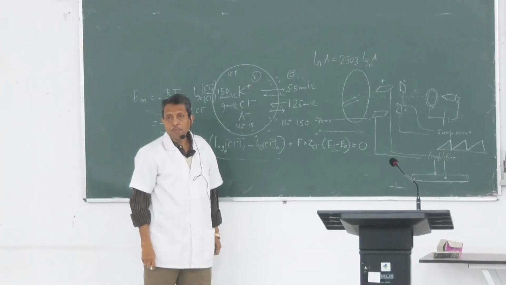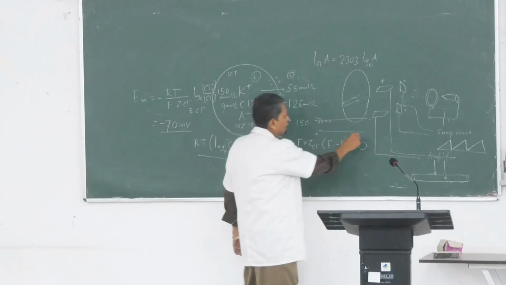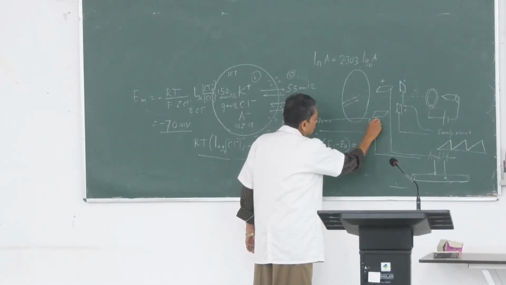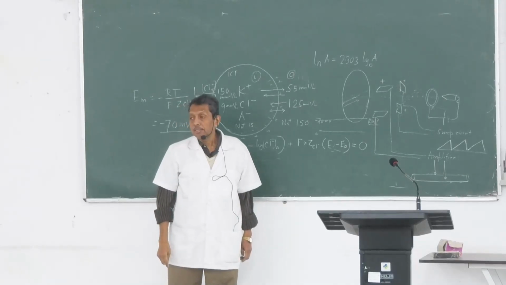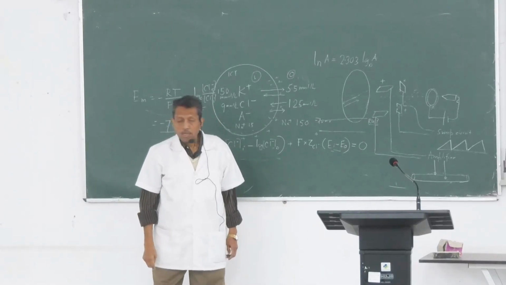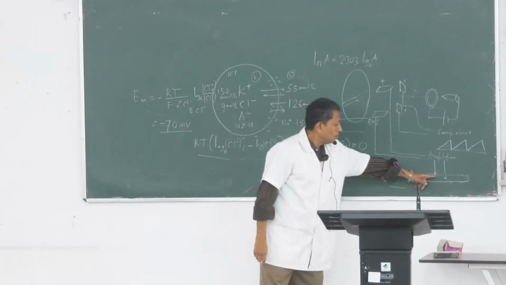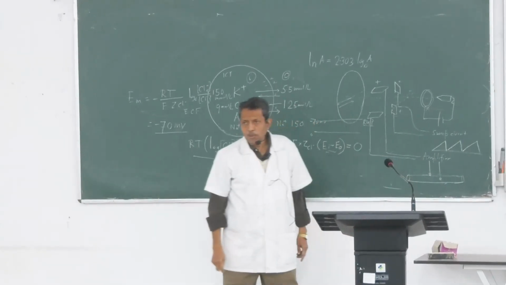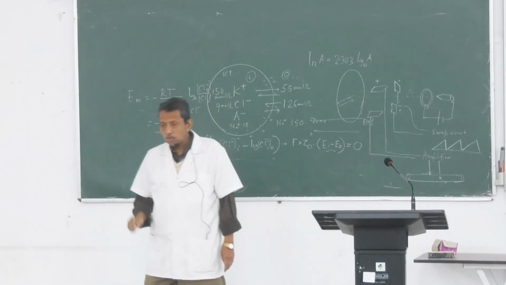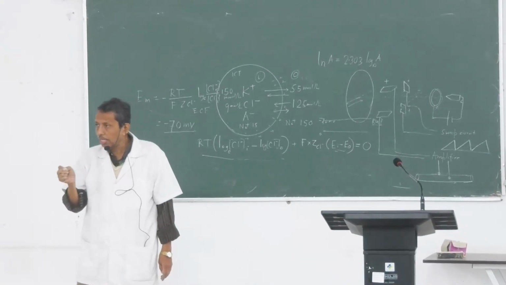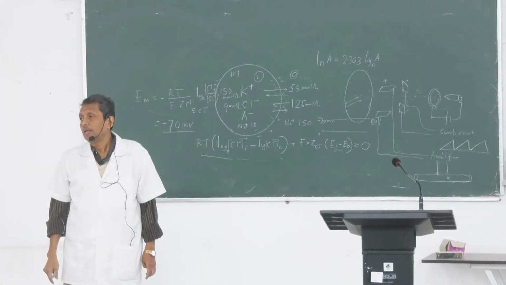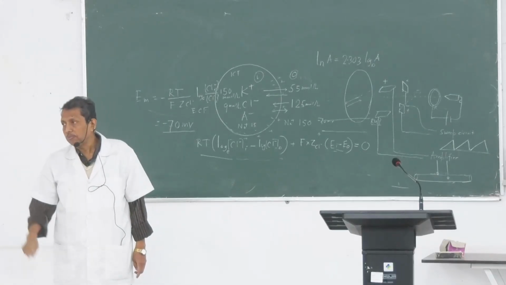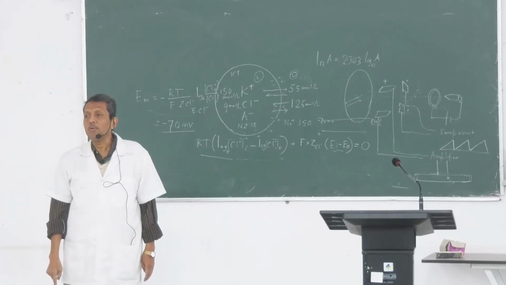So it is the resting membrane potential. There is no fluctuation. When both are outside, there is no potential difference, but when one is outside and another is inside, there is a potential difference, a fixed value of minus 70 millivolt.